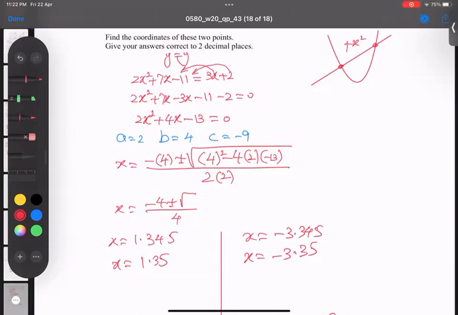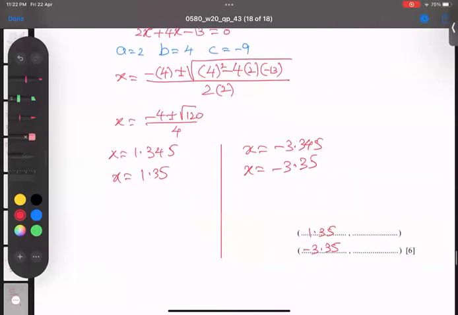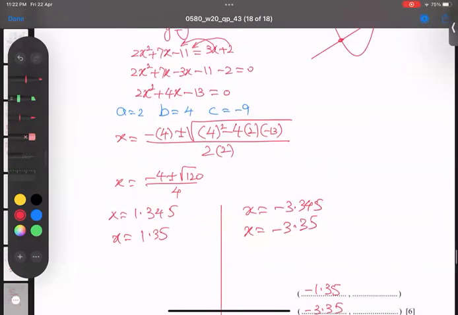These are 16 plus 4 into 2 into 13. This becomes root 120. I think this point is clear. That is why I told you these two numbers. So here I'm getting negative 1.35, and the second number I'm getting is negative 3.35.